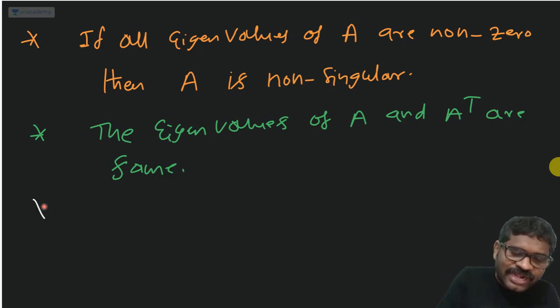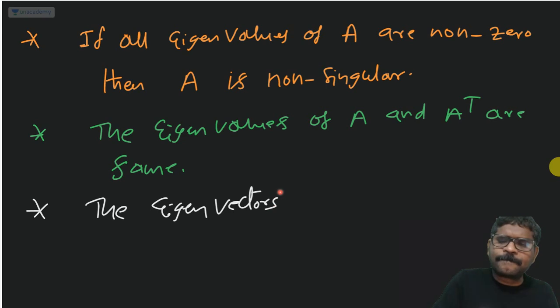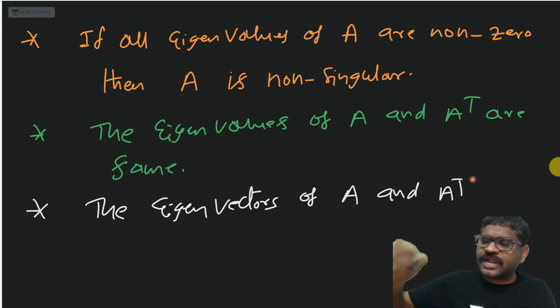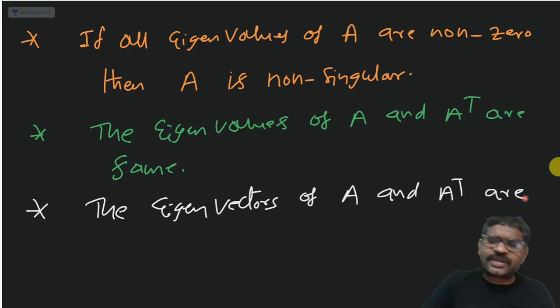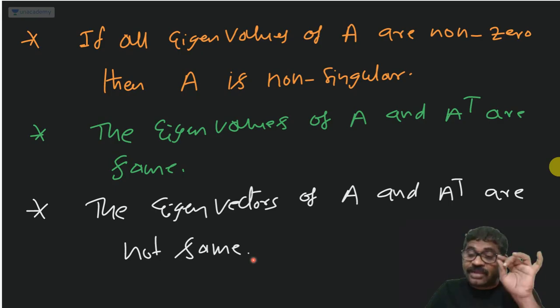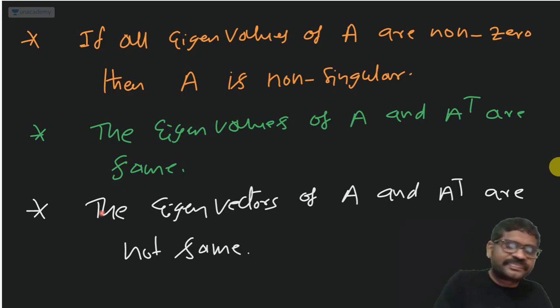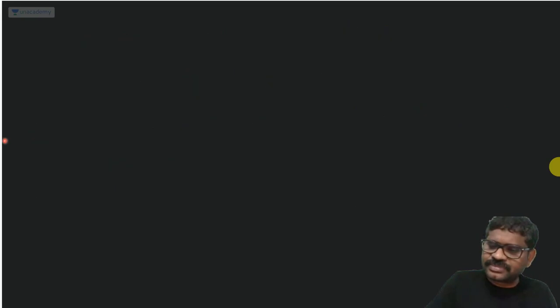The eigenvectors of A and A transpose are not the same. Even if the eigenvalues of A and A transpose are the same, the eigenvectors are not the same. Next property.